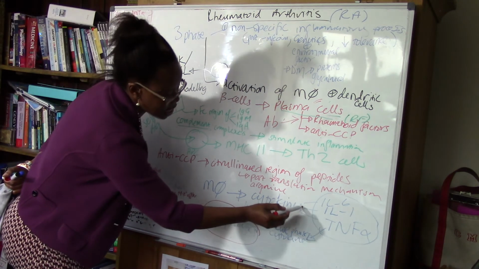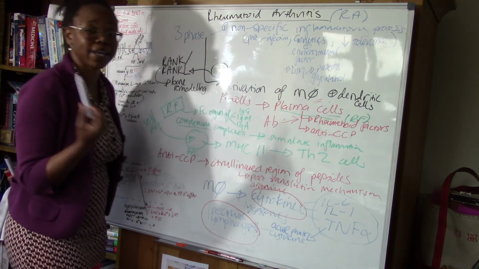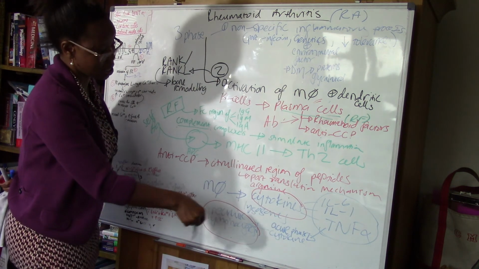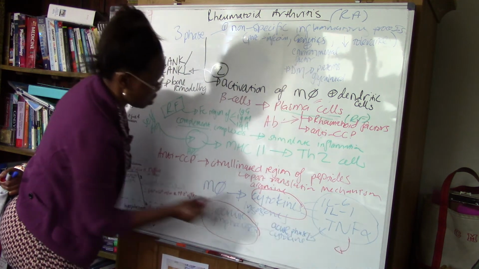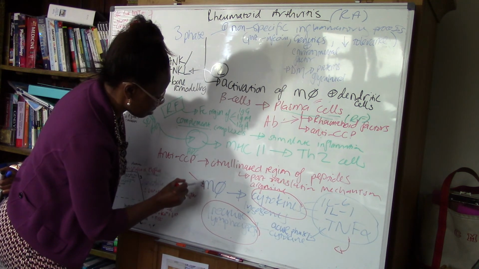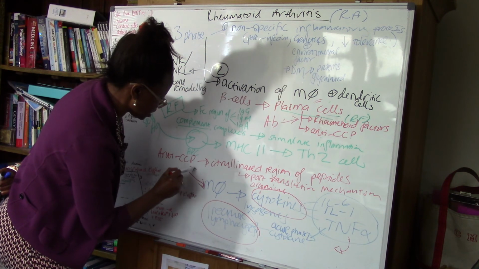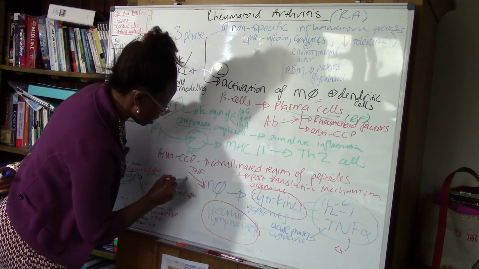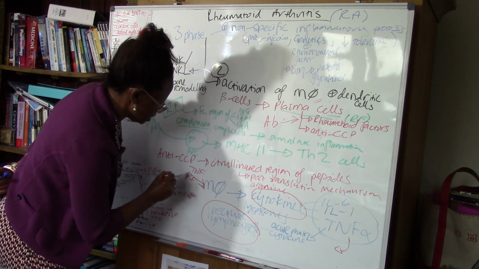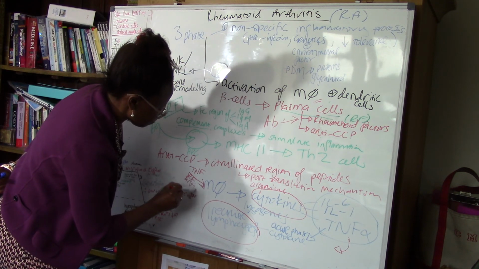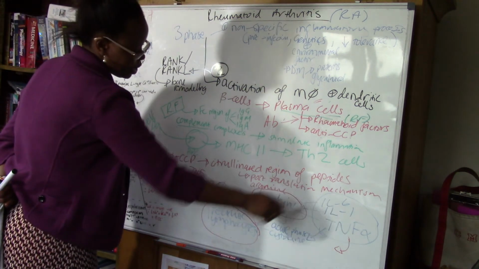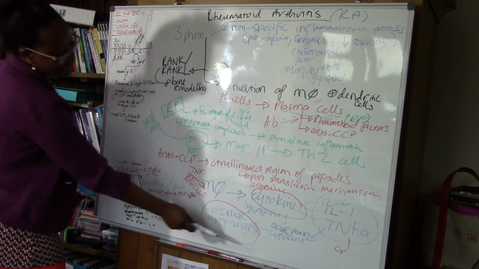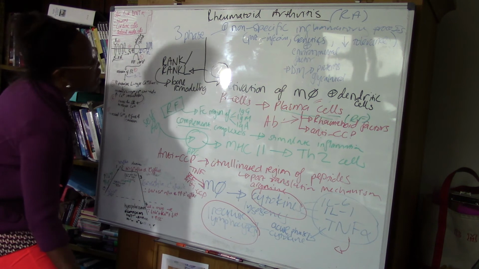There are cytokines that will propagate this inflammatory process. TNF will constantly activate macrophages, and the rheumatoid factors and anti-CCP will continuously activate macrophages, and macrophages will continuously recruit lymphocytes.